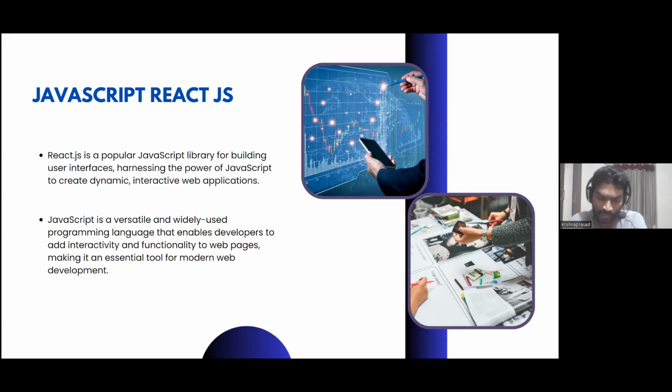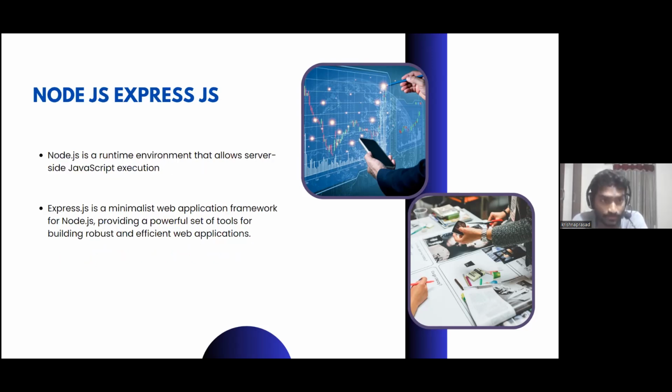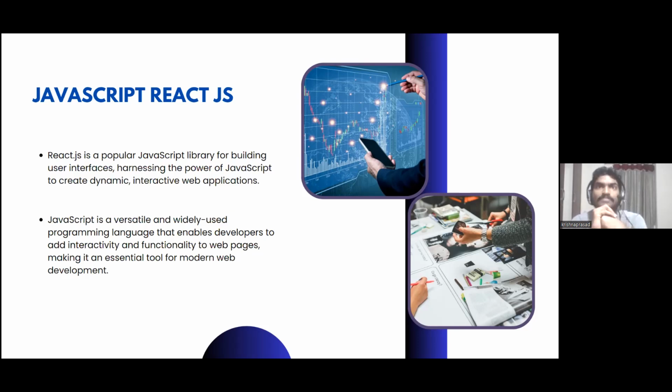We are gluing the HTML and some functions together with JavaScript. For example, if you click a button to go to another page, the function that we write in JavaScript enables us to go to that page. And what is React.js? React.js is a popular front-end framework, built on top of JavaScript.